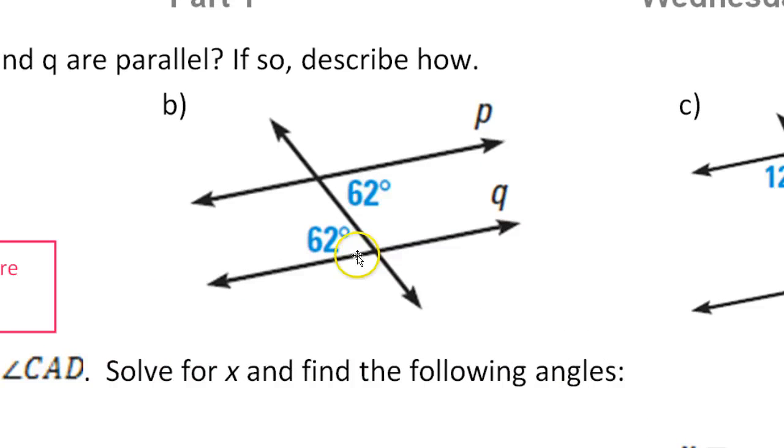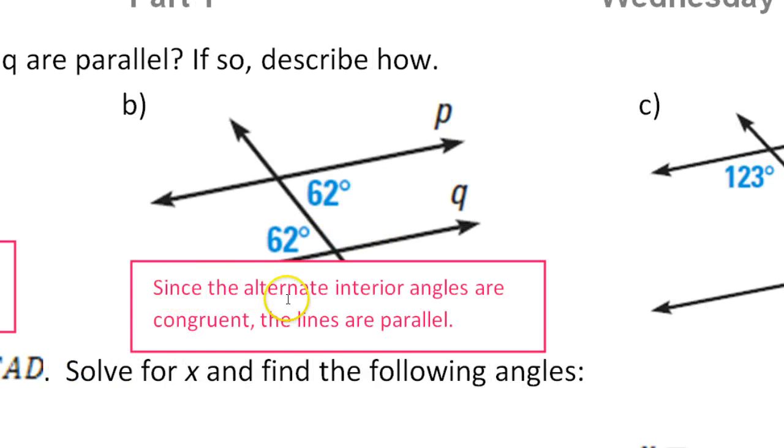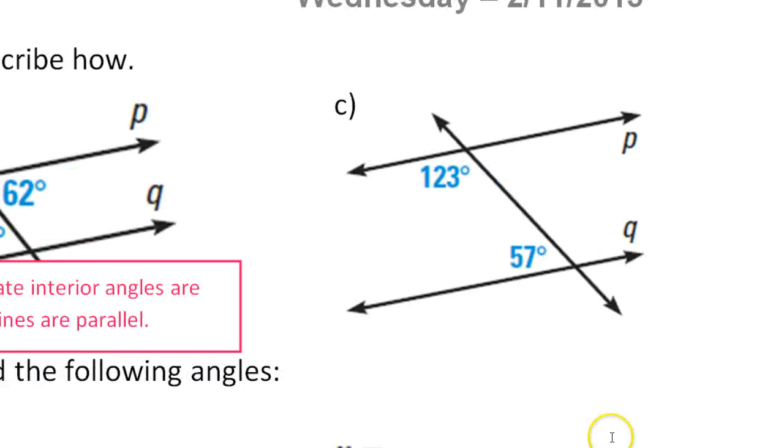Similarly, for B, we have congruent alternate interior angles. That will also prove that the lines are parallel. So since the alternate interior angles are congruent, the lines are parallel. Now, for the consecutive interior angles, they have to be supplementary.